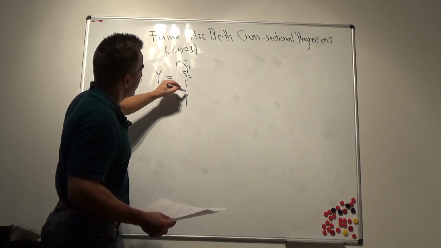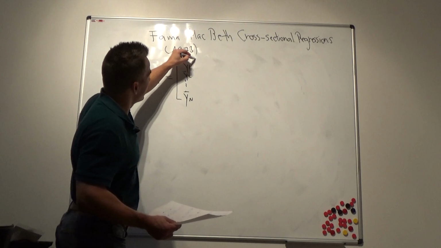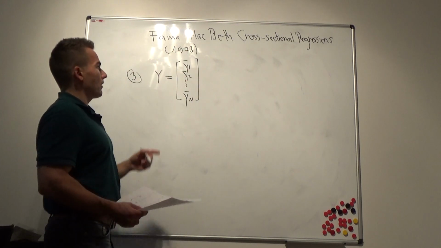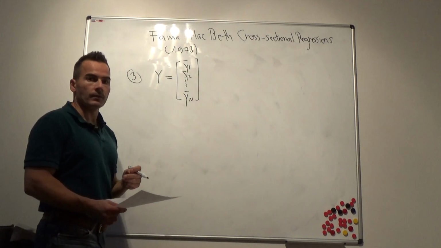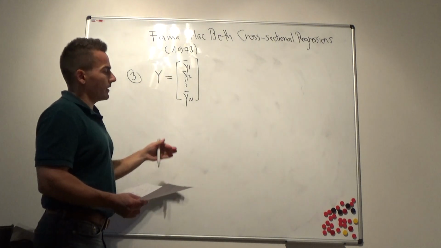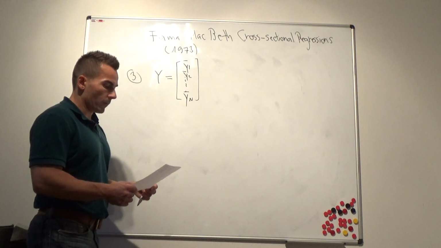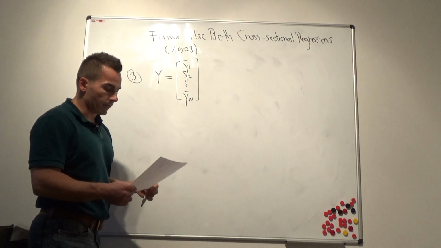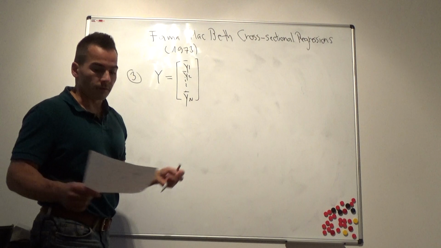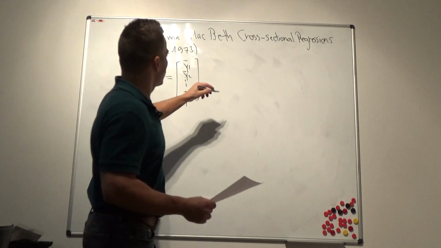And the last entry is yn bar, which is the sample average of our nth asset. And again, we operate with assets here in excess form, obviously. That's how we define it in our framework, and how it's usually defined in asset pricing or finance contexts.